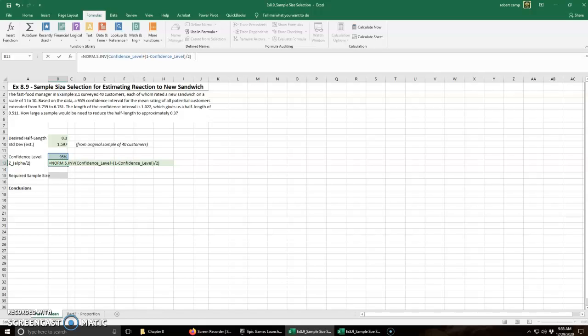That should be our equation. Yes, it is. That's all fine and dandy. We get 1.96 for our z-value.